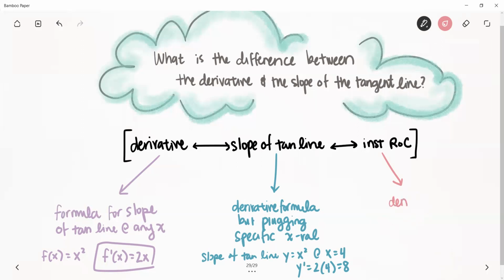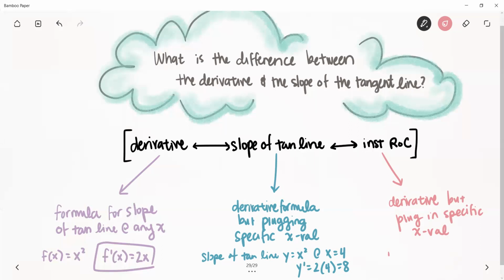So you will still need your derivative, because again, they are all connected, but plug in, because the rate of change at an instant is asking how much is the steepness of the curve changing here, and you should be given an x value to locate where we care about.